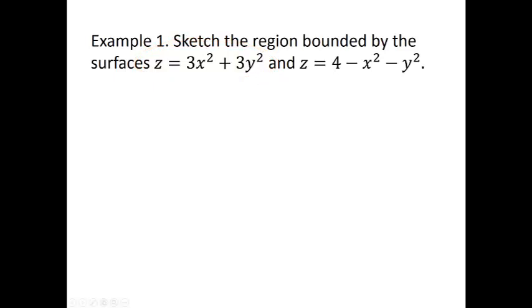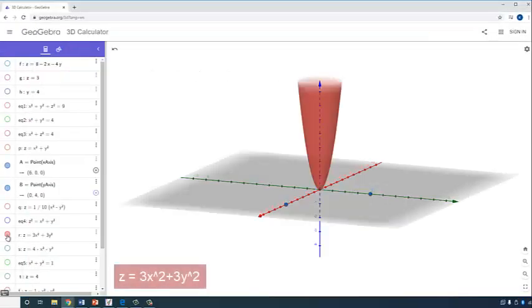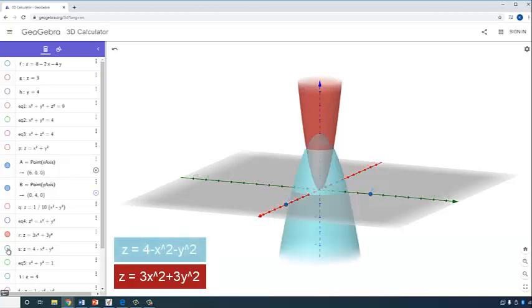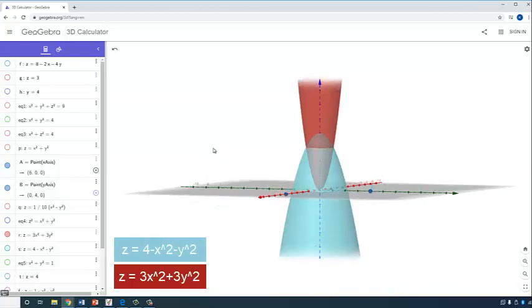And we're going to hop over to Geogebra to see that picture. So there's our 3x squared plus 3y squared. And then the other surface we had in our example was 4 minus x squared minus y squared. And that makes sense because if you think about what's happening in the xz plane, that is going to look like a parabola that has been flipped upside down and moved up 4 units on the z axis.